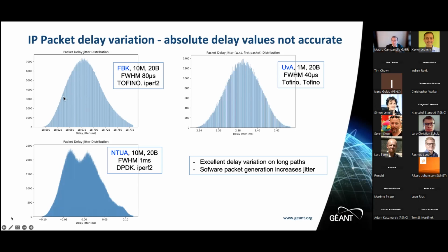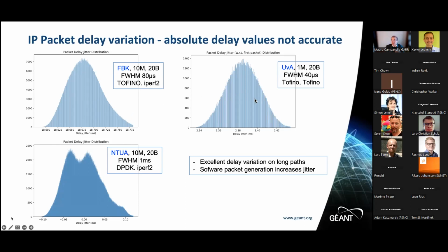The good news is that, as an example, the full width half maximum of this, which looks like a Gaussian, is not exactly a Gaussian, but very similar to a Gaussian, is very nice: 80 microseconds. This means that the variation of the time to go from Italy to the Czech Republic may vary, but not more than 80 microseconds in general for a single packet, which I personally consider a very, very good behavior of the network.